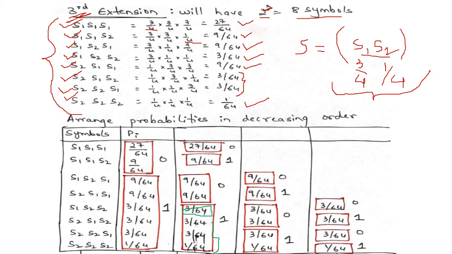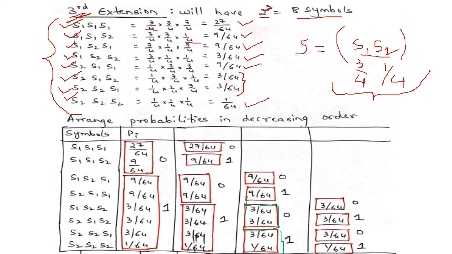There is a huge difference. Hence, we have considered 3 by 64 and 3 by 64 in one group and 3 by 64 and 1 by 64 in the second group.